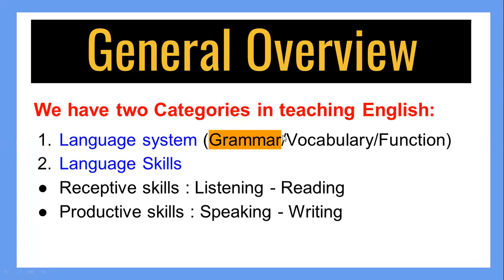Receptive skills are listening and reading, while the productive are speaking and writing. So this is the meaning of teaching English in general: language system and language skills. Talking about grammar is part of talking about the language system. This is just a general overview of what the word teaching English means. And now let's jump into our lecture.